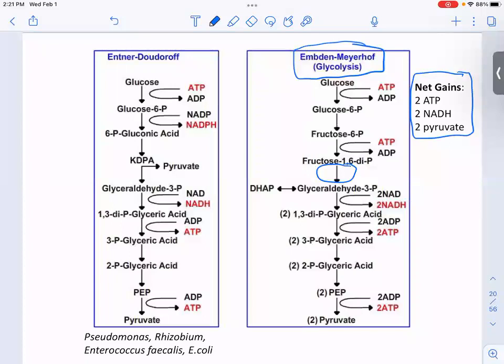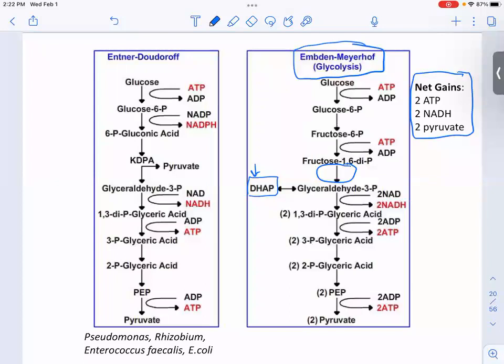It actually splits into dihydroxyacetone phosphate, which is usually converted right back into glyceraldehyde phosphate. So that's why we don't usually make too big of a fuss about that. But this molecule becomes important if the cell is using some kind of lipids for energy. So just wanted to make note of that. We'll come back to that later.